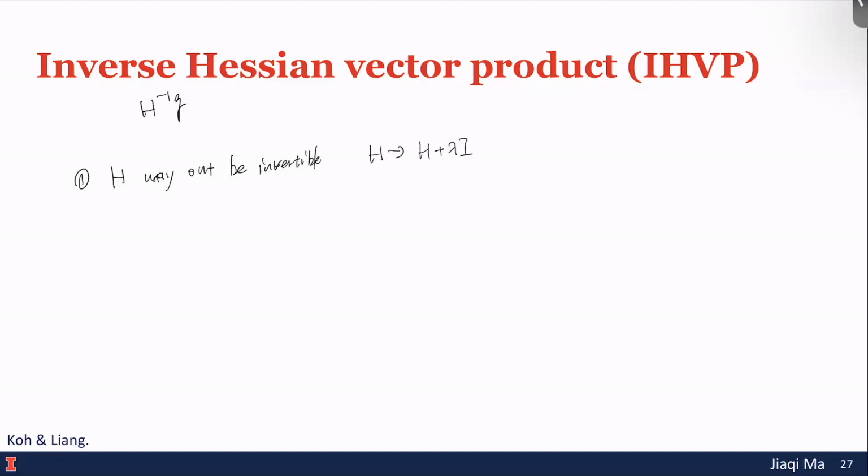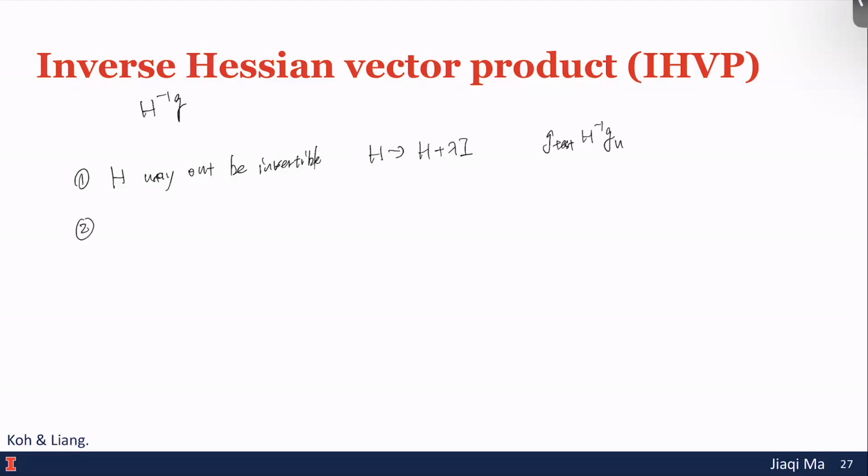So make Hessian from H to H plus lambda I for some small positive lambda to make this invertible, so that we can still calculate this term G test Hessian inverse G n, and we'll just use that as influence function for these more complicated models.